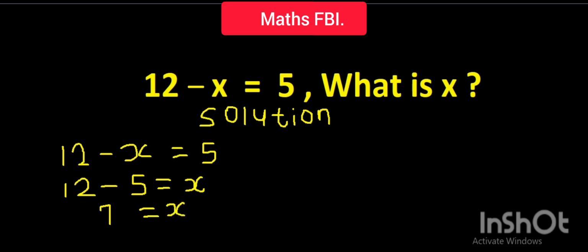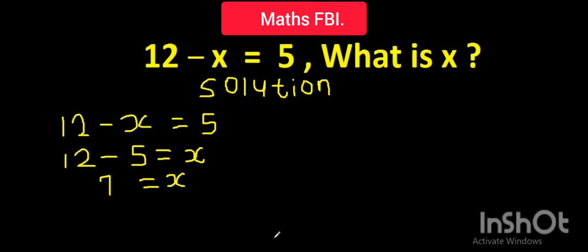That tells us that the value of x, therefore x is equal to 7. These 3 dots mean therefore x is equal to 7.